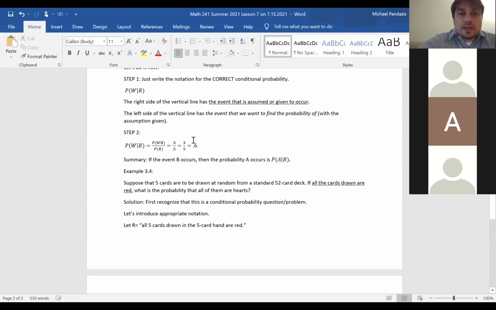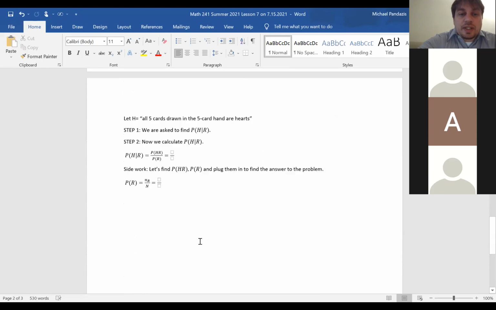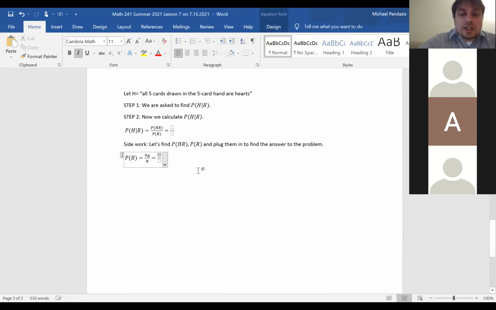So N sub R is the number of ways that the entire hand is red.